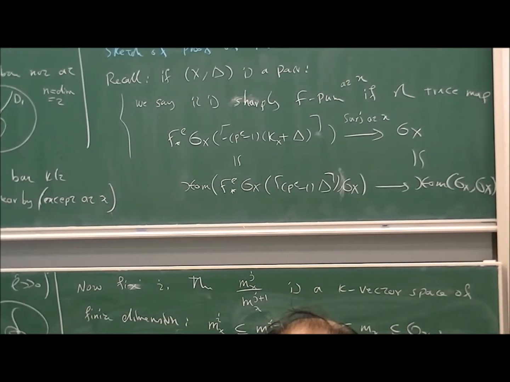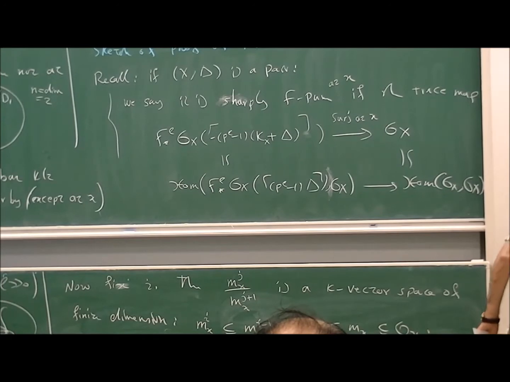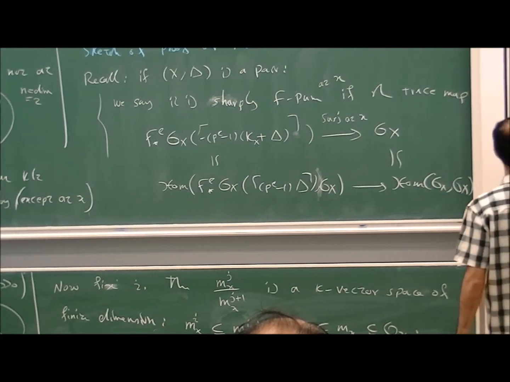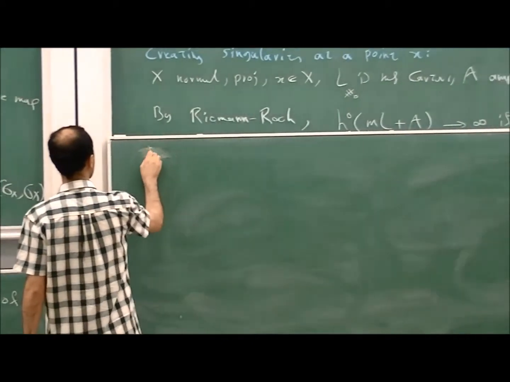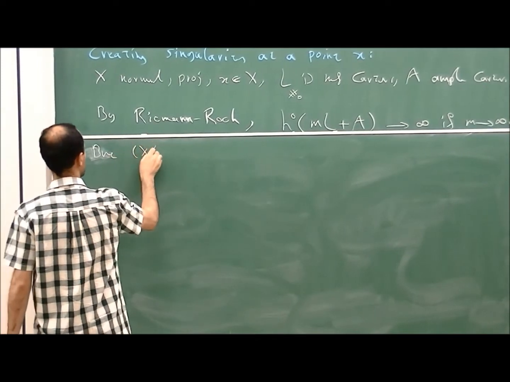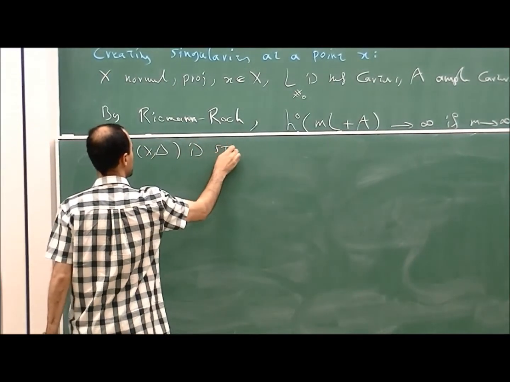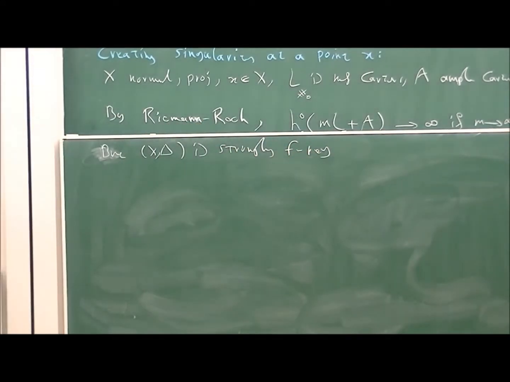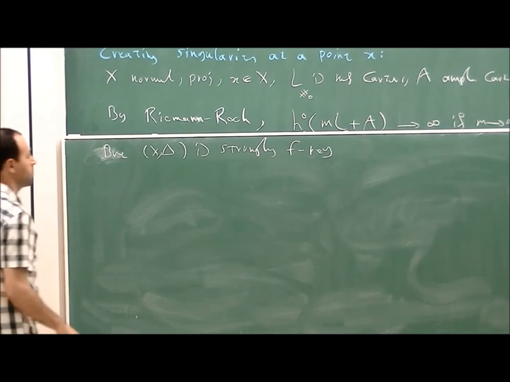So these notions in fact play an important role in the proof. It's not just for the sake of the statement, but in fact the proof uses very precisely this definition of sharply F-pure and strongly F-regular. Okay, so we say that the pair is strongly F-regular.